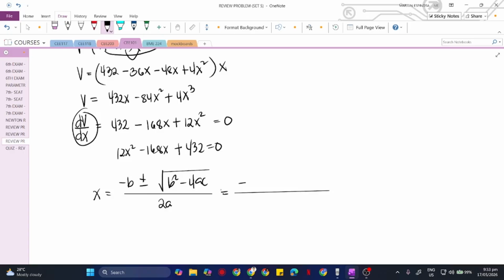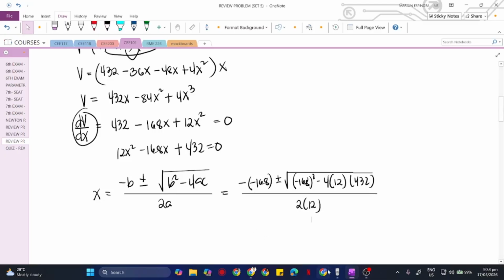Our b would be negative 168, so that is negative negative 168, plus or minus the square root of 168 squared minus 4, then we have a, which is 12, then c would be positive 432. And then in our denominator, 2 times 12.